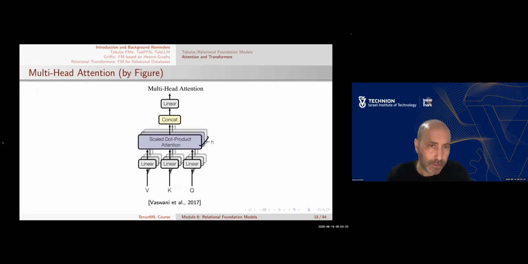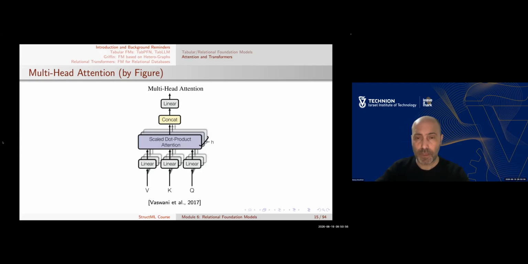Now, multi-head means that we apply it several times with different weights. That's how we allow more flexibility in putting attention in different ways. Each head uses a different scheme of attention, and we combine them.